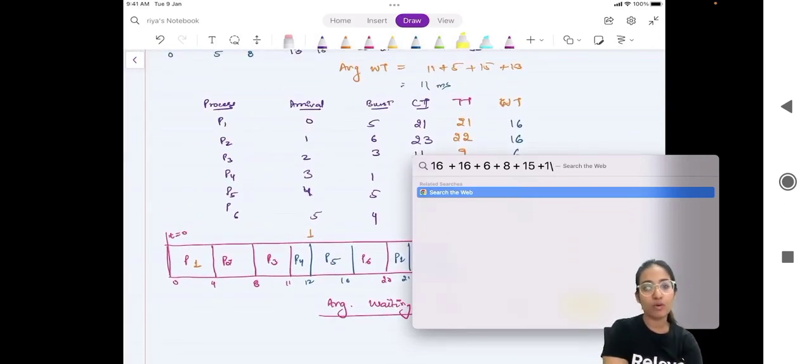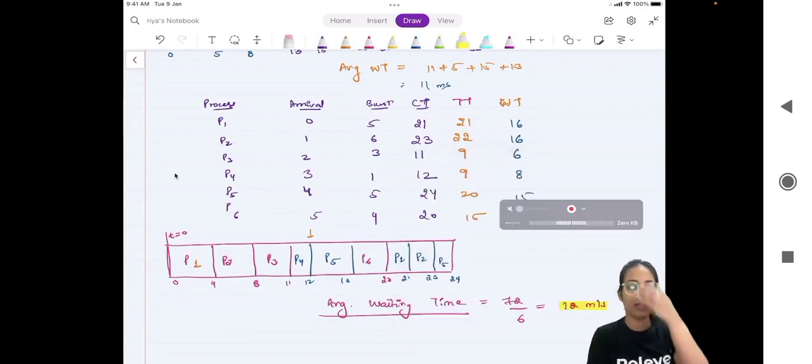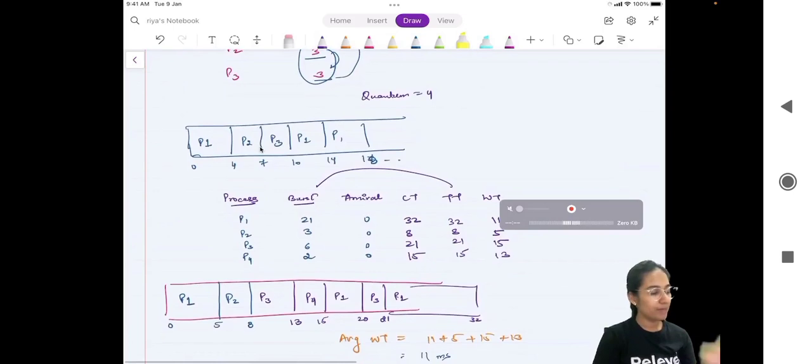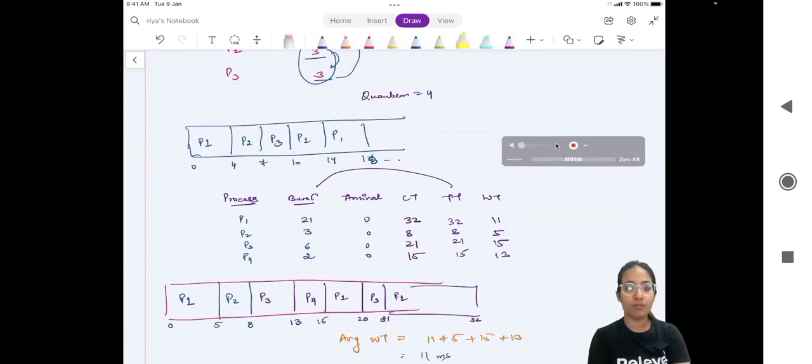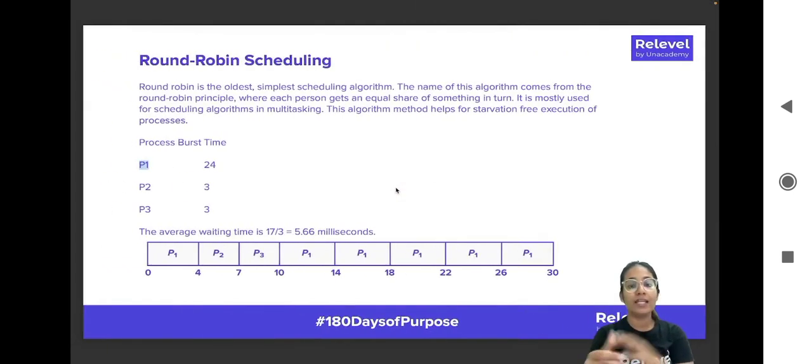Okay, so we've taken both the examples. We've taken an example where the burst time, arrival time is same, and we've also taken an example where the arrival time is different. And you've seen in both cases how does it work. Okay, that's what I'm trying to help you to understand as well. The more examples you take, the more easier it will be for you to understand the topic as well. Okay, the theoretical part is quite easy. It doesn't involve a lot of logic, and it's quite easier to work with these algorithms.